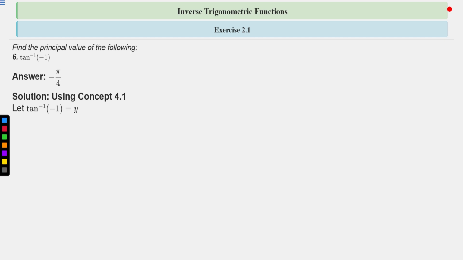So tan y will be equal to minus 1, right? If we have taken tan inverse minus 1 is equal to y, then tan y will be equal to minus 1. Clear? So minus 1 we can write as minus of tan pi by 4, right? Clear?